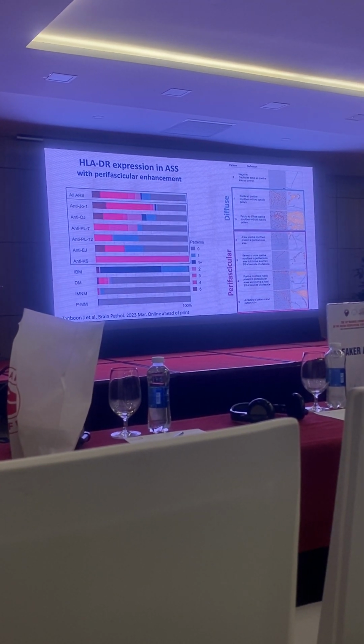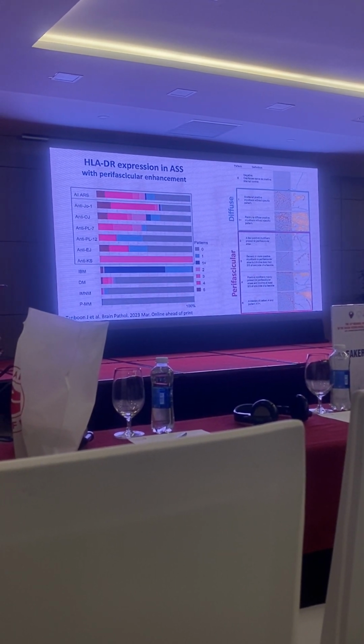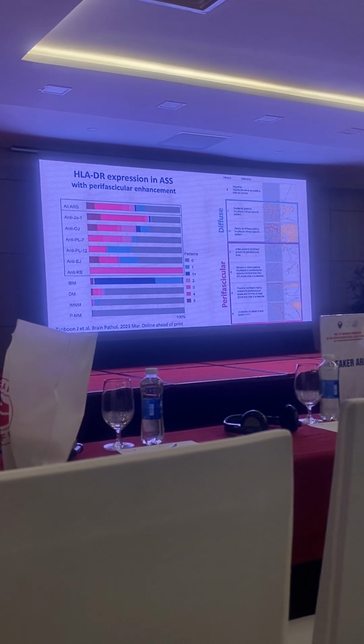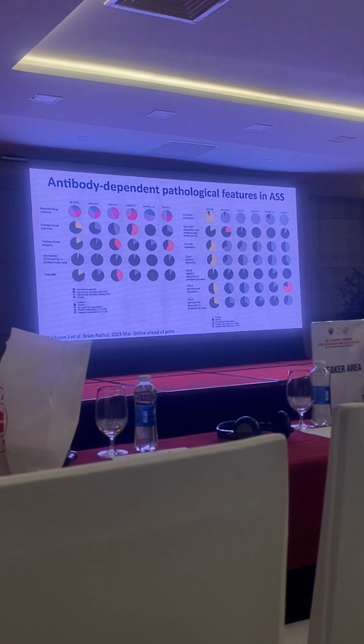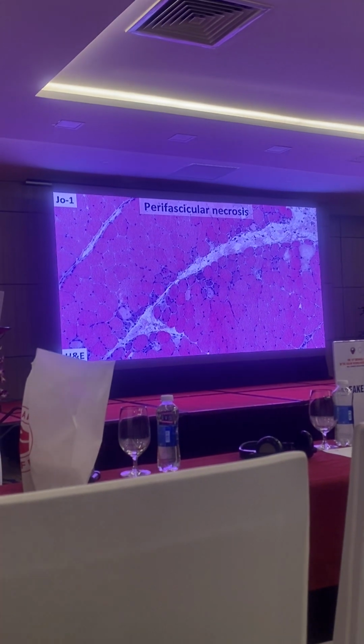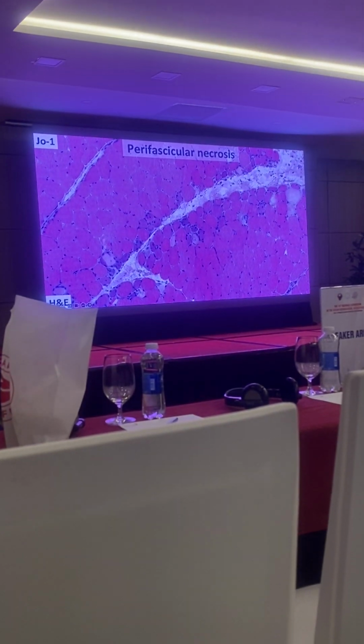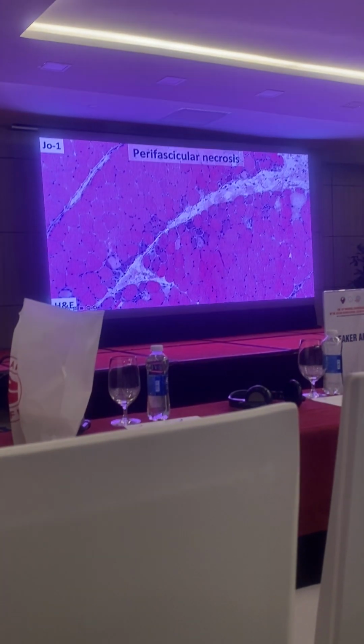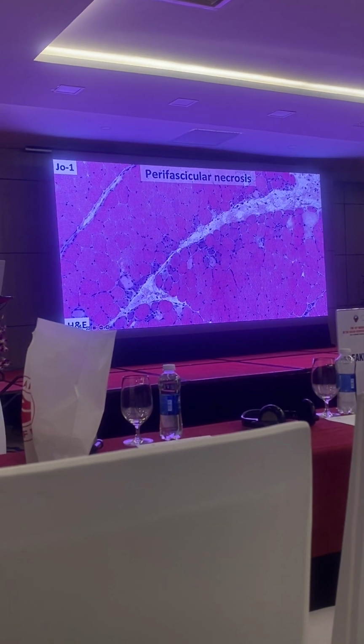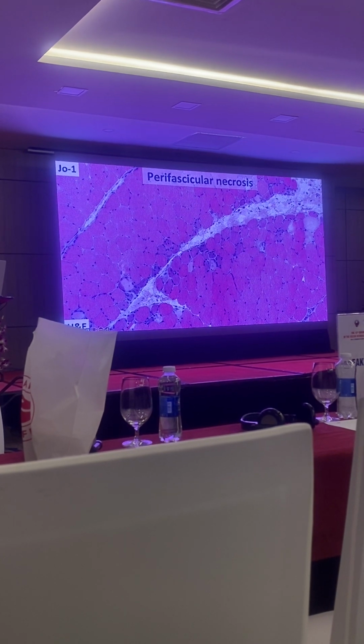So we also did extensive pathological analysis depending on positive antibody, but I don't go into the details. So, perifascicular necrosis. But if you look at this one, it looks like perifascicular atrophy because regenerating fibers are small in size, right?